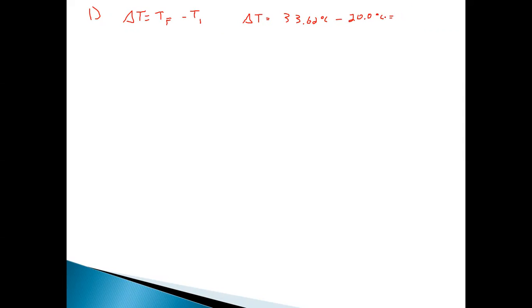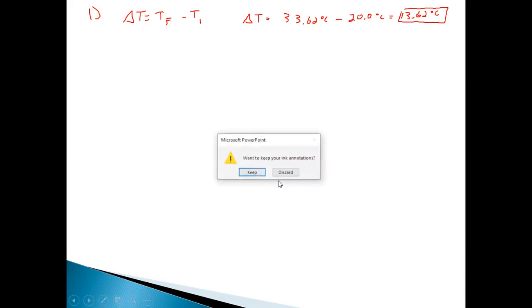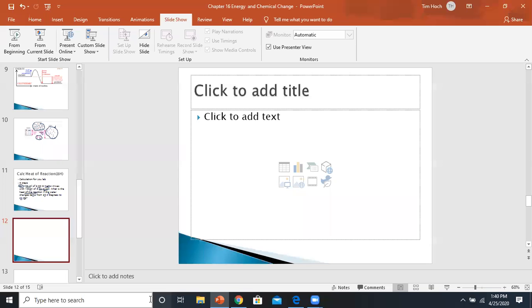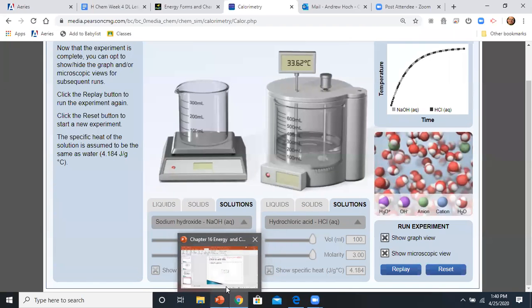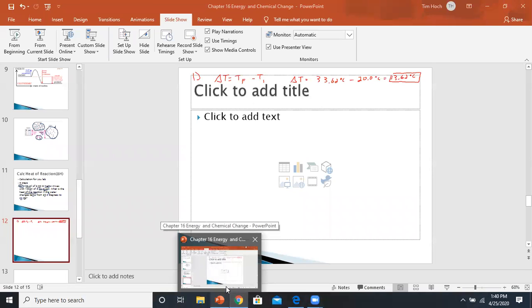And when I did this earlier, I got a value of 13.62 degrees Celsius, okay? So there's my first step. I figured out that temperature change. I'm going to keep that and jump back and forth so you can see step by step what happened, right? It was initially at 20 degrees. Now it rose from 20 to 33.62, so it's an exothermic reaction. You should feel pretty confident on that part because the temperature rose.